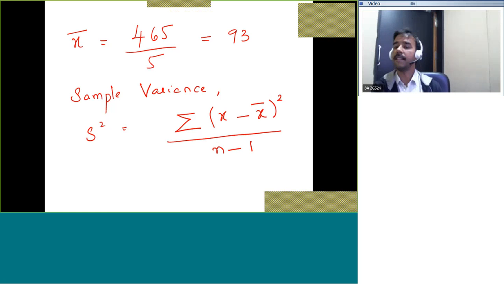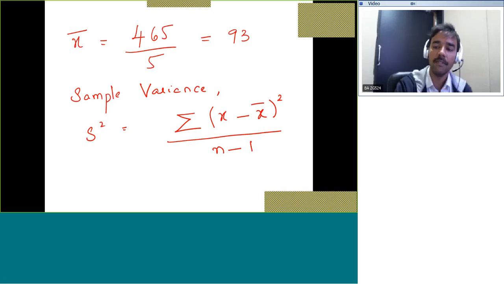If you put n minus 1, then only sample variance becomes an unbiased estimator of population variance. But in such a case, S cannot be an unbiased estimator of sigma, but still we use that. So that's why we use n minus 1, so that small s square becomes an unbiased estimator of sigma square.